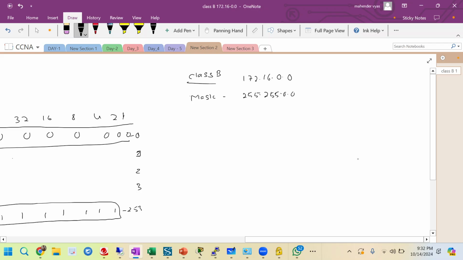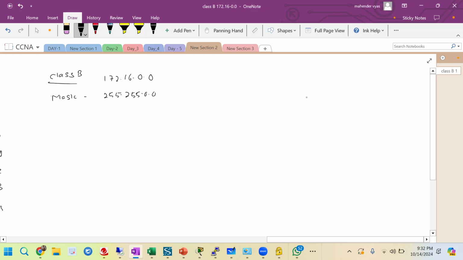Now again we'll write a binary table. If all zeros, whatever it is, all ones, we don't need to worry. Just write as it is.